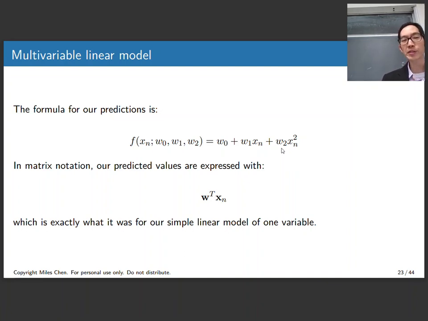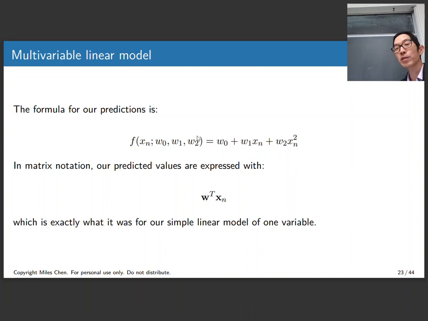If we express this in matrix notation, I could just say W is going to be the three terms, W0, W1, and W2. And each x value is now 1, xn, and xn squared, okay? And so in matrix notation, our notation looks exactly like it did before. In matrix notation, we have just W transpose xn. If I write out the formula, now I have three terms.